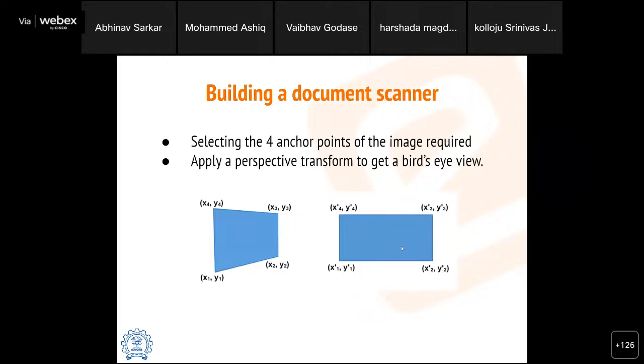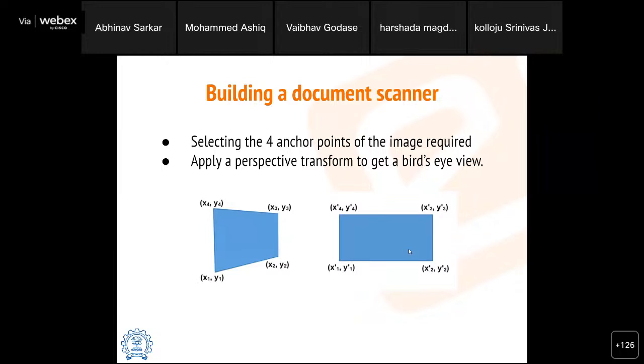So what exactly is a perspective transform? Given that we have an image in which we have the initial 4 corner points and the final 4 corner points, the perspective transform transforms this to get me a bird's eye view. It will transform this image into this based on these 4 anchor points, the initial and the final. How is it done?